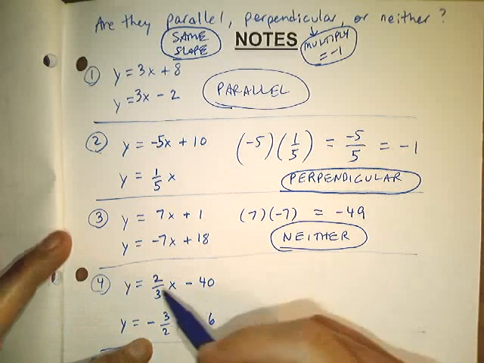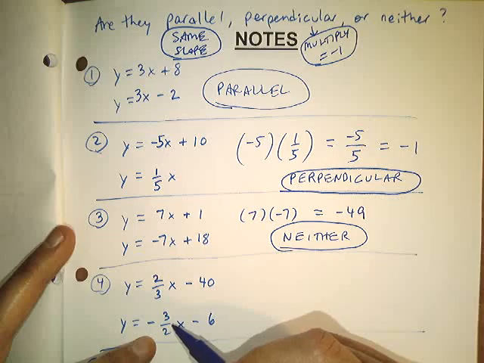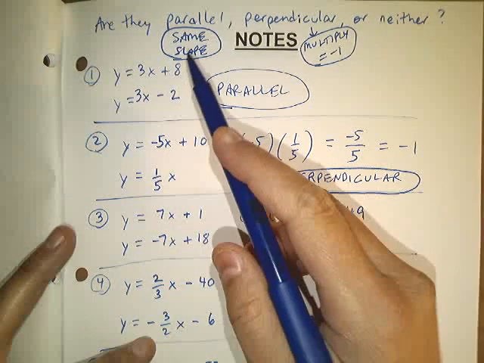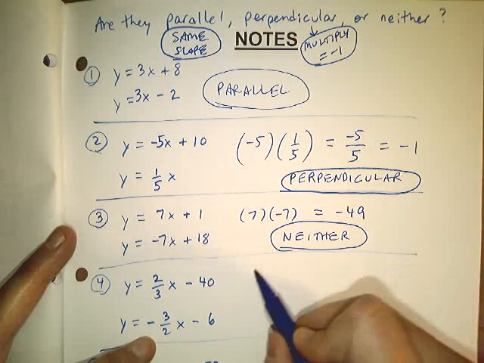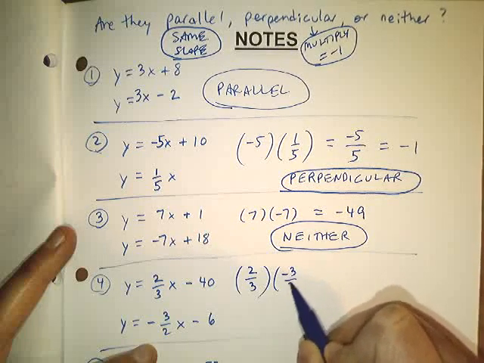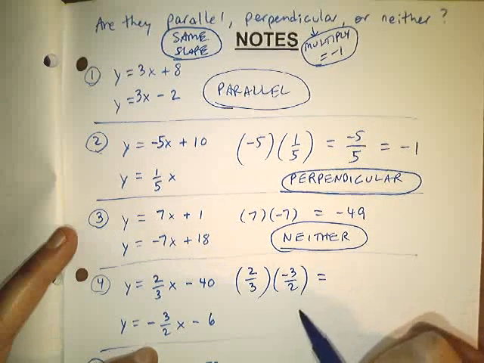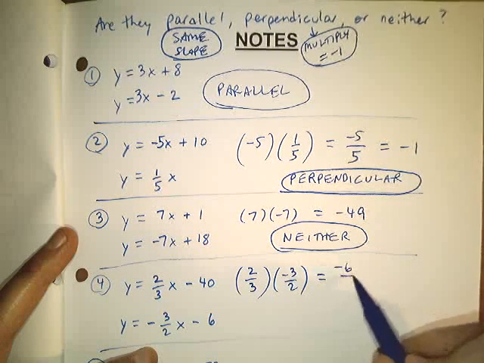How about these two? Are these two slope numbers the same, 2/3 and -3/2? No. So these two lines are not parallel. Are they perpendicular? Can you multiply those two slopes together to give you -1? Well, let's see. On the top, we get -6 when we multiply straight across.